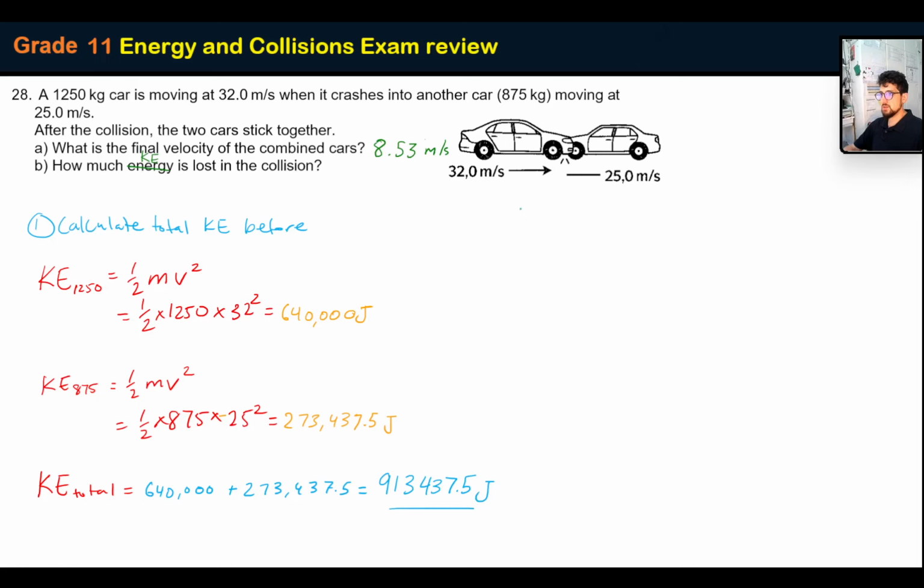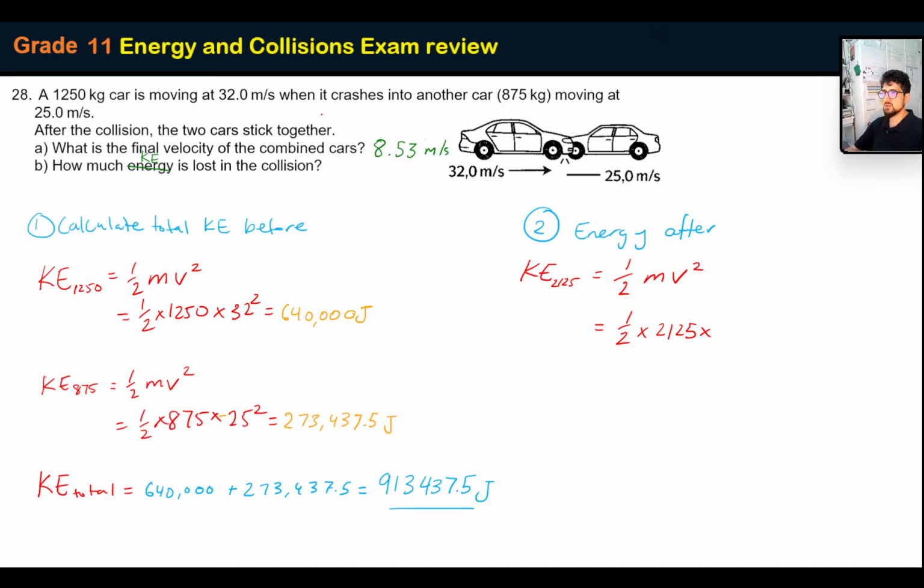Now we need to calculate the total energy after. Okay, the energy after is the same process, but this time KE is going to be for both masses. So it's going to be for 2125, which is both cars combined. That's going to equal half times mass times velocity squared, which is half multiplied by 2125 times, what is the velocity here?